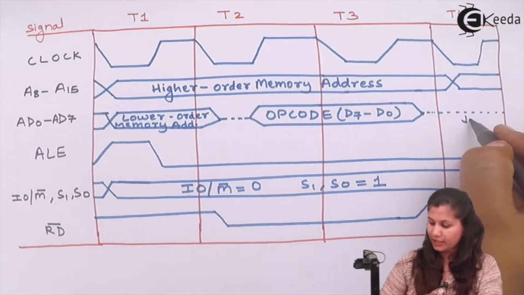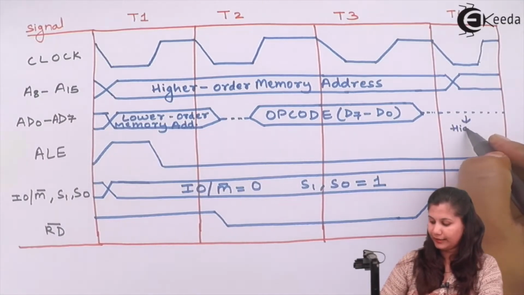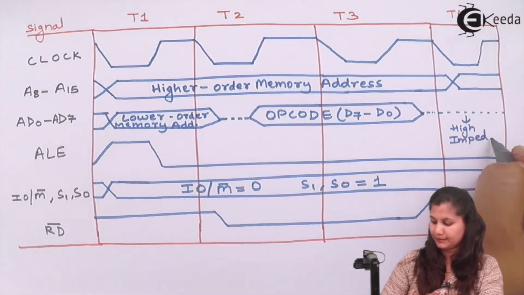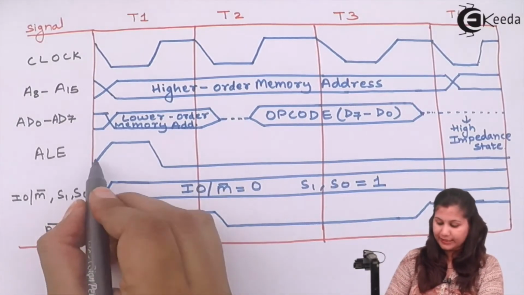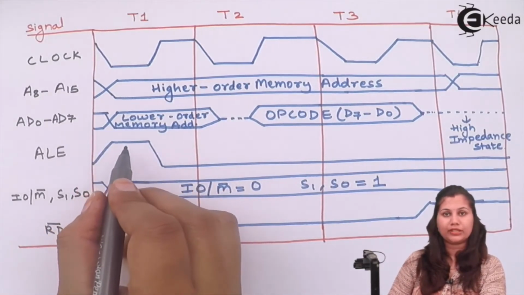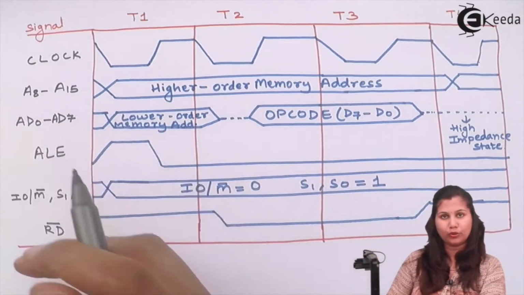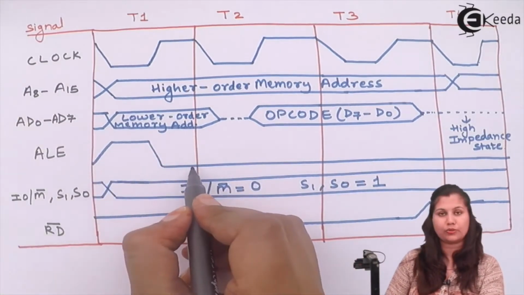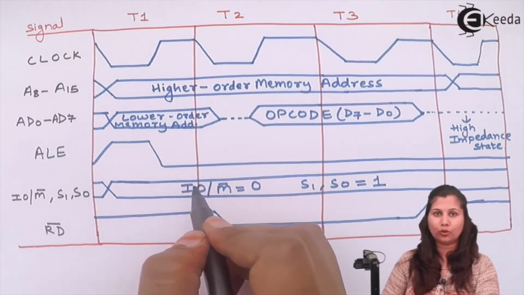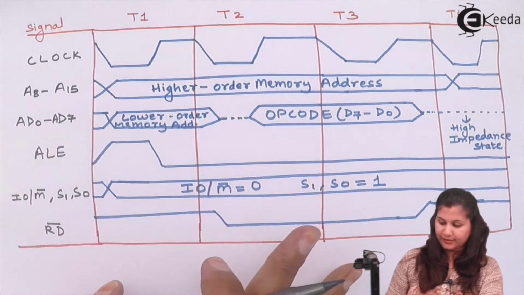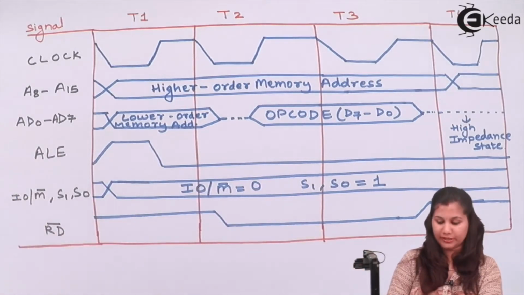So this dash line denotes the high impedance state of the bus. If it is like this, it means the value of the signal is high. If it is a straight line which is lower than the level, it shows that the signal is low, its value is 0. So these are the various signals in the opcode fetch machine cycle.